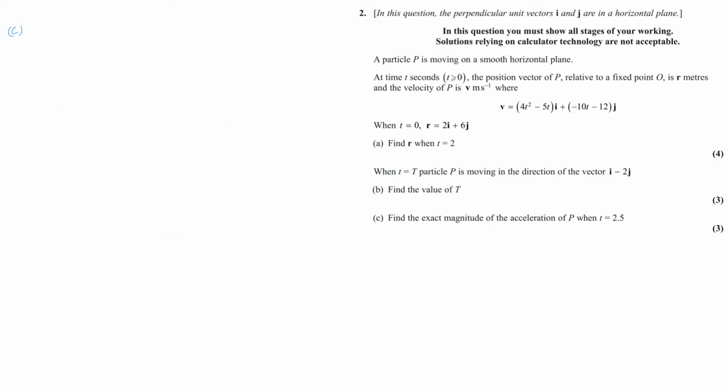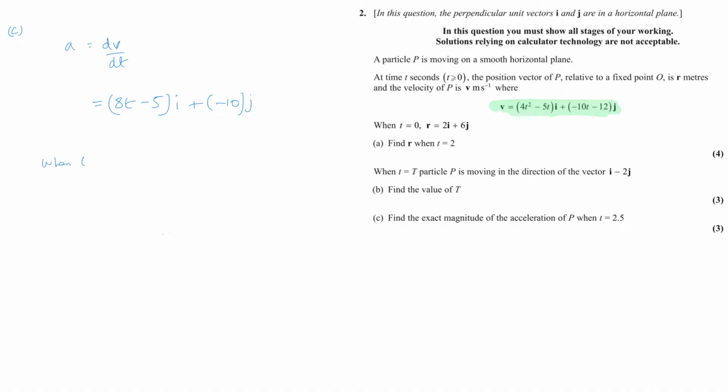So part C now, find the exact magnitude of the acceleration. So acceleration is dv by dt. So that is differentiating this. So that's 8t minus 5i plus minus 10j.